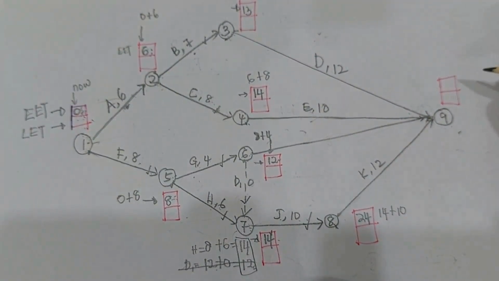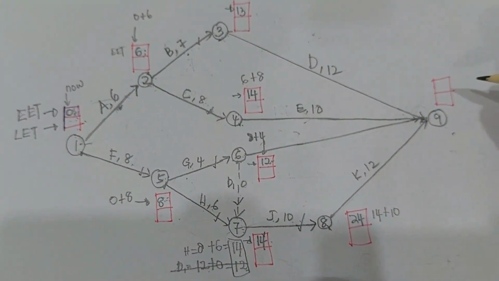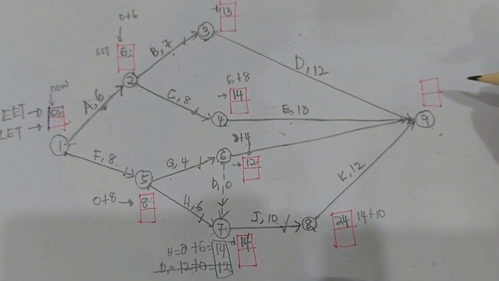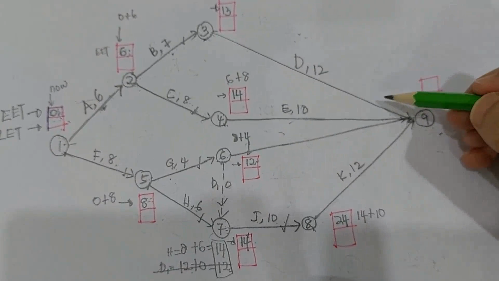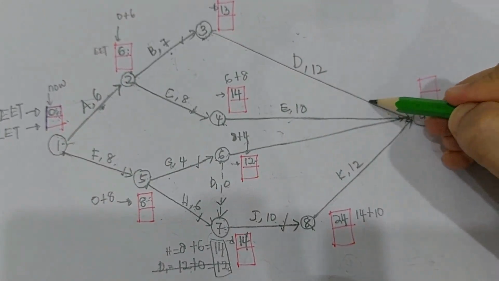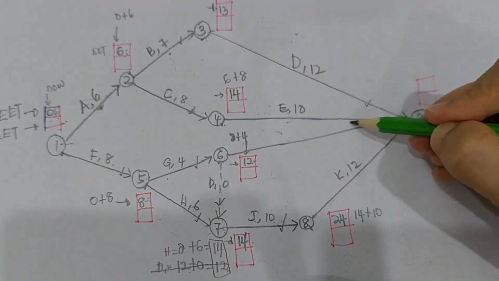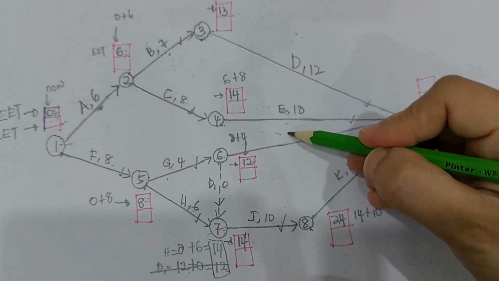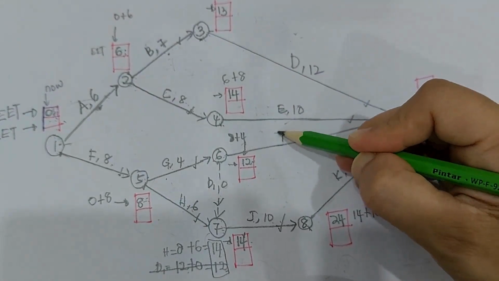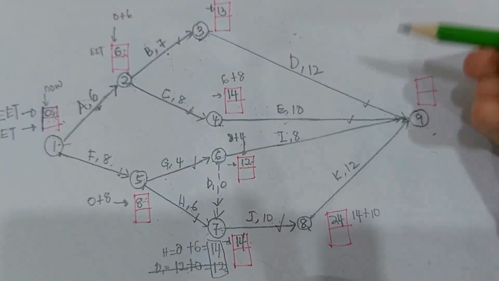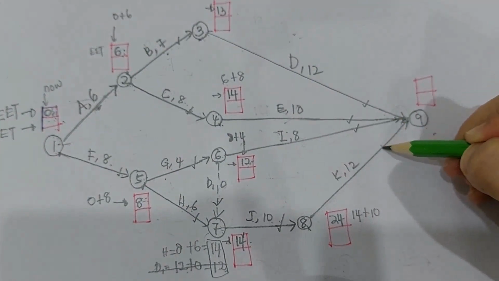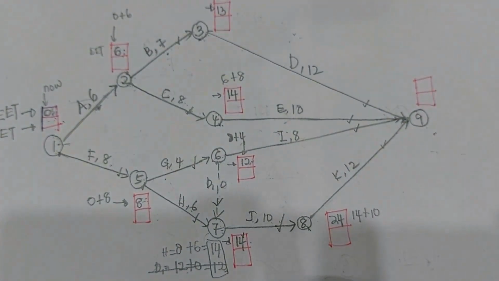And for the last event, number 9, we see how many activities are pointing at event number 9. There are a lot of activities: activity D, activity E, and over here is activity I, with time 8, and also activity K. So we have to consider 4 options and choose the best one.